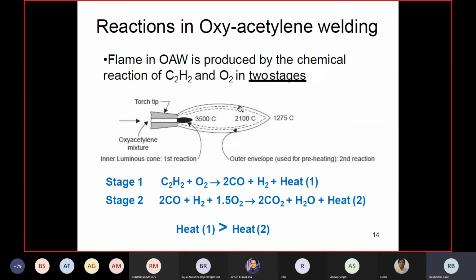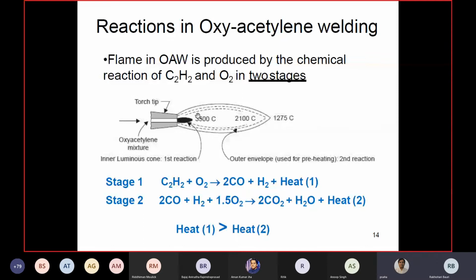In this larger outer envelope, the second stage reactions take place, where you also get heat. But you should note that the heat generated in stage 1 is much higher than the heat generated in stage 2. The outer envelope is basically preheating the metal. The basic melting is done by the inner core.